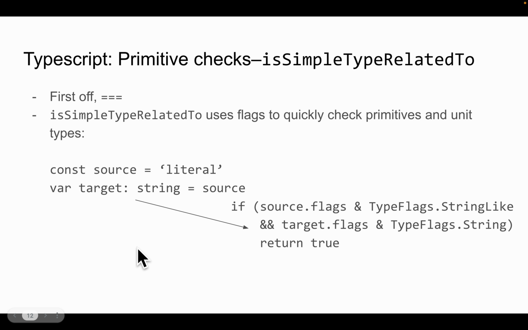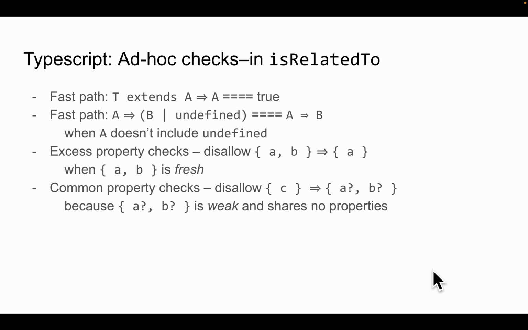You can just check what category they're in and quickly return true. And since the flags are set early on during checking, it happens quite fast because you're just checking some numbers. This also applies to number literals. If this was a number literal and this was a number, then you could quickly find out that something number-like is assignable to number, and so on.